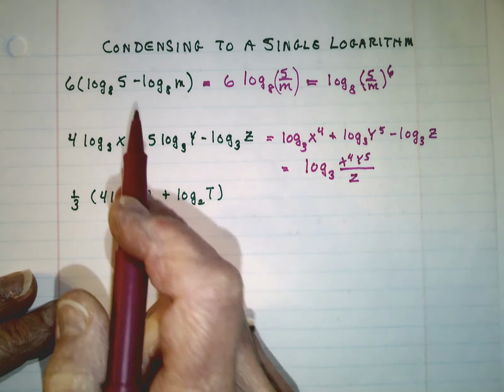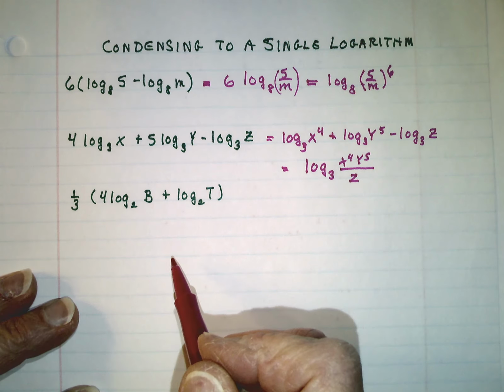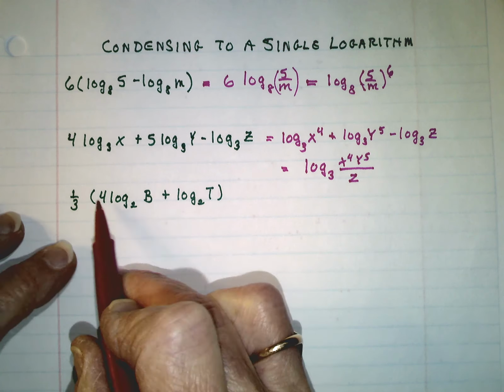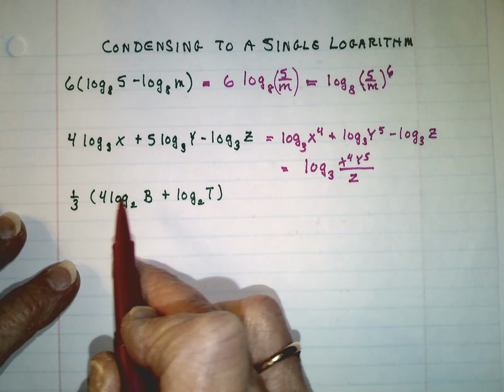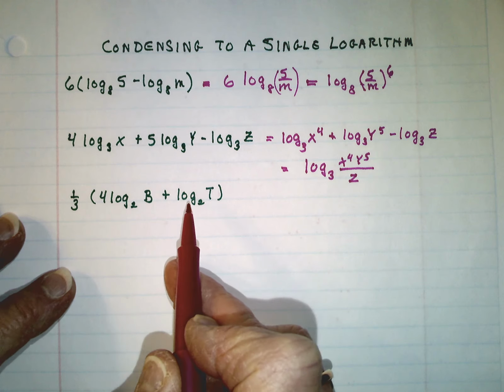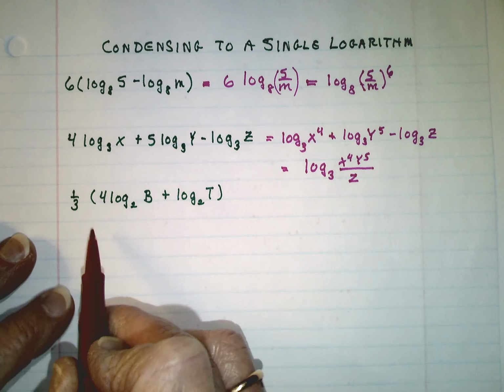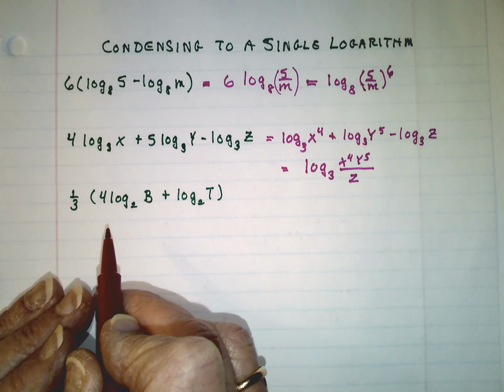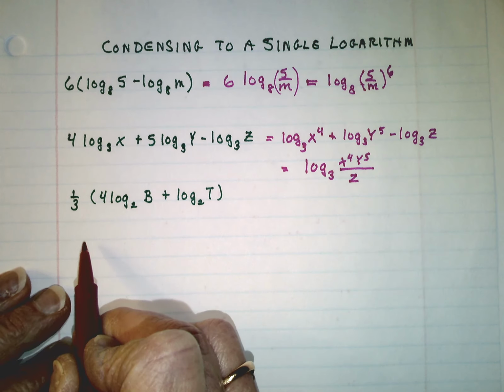The last one's going to be a lot like the first one. Once again, we are not raising the whole thing to the 1/3. We could distribute the 1/3, but that won't make it any easier. So the 1/3 is just going to sit there while we do inside the parentheses first.